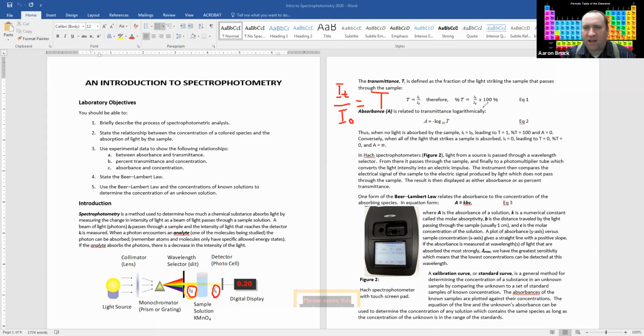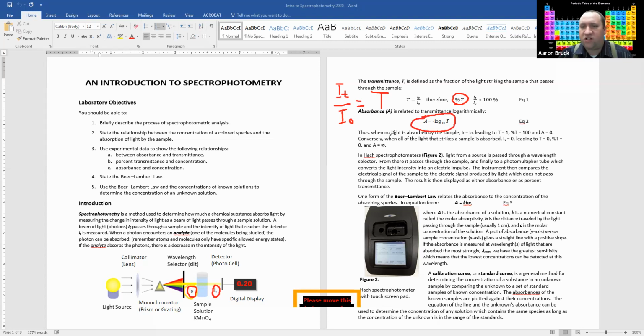And if we multiply that transmittance by 100%, we would get what is called percent transmittance. And that's one way that our data can be given to us by the spectrophotometer. Although more often than not, what we'll end up doing is we'll end up just measuring the absorbance directly.